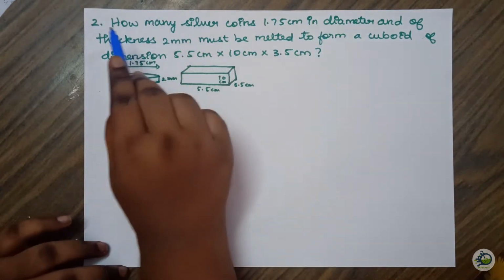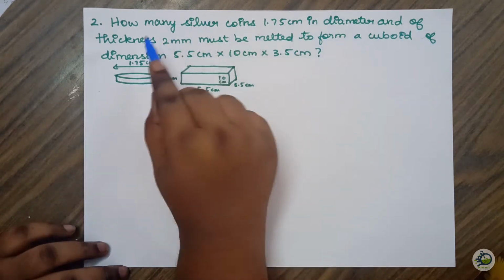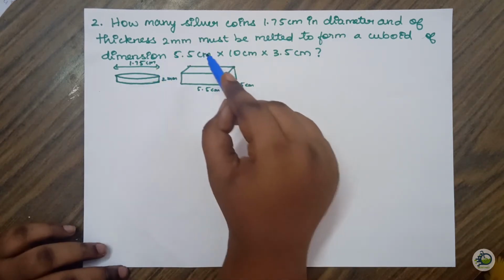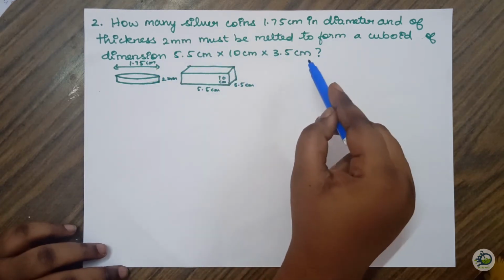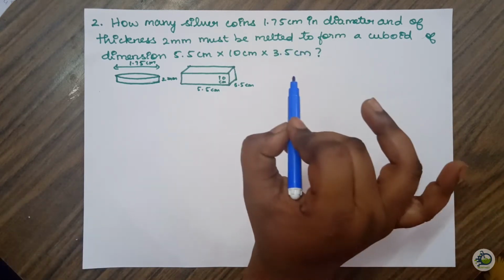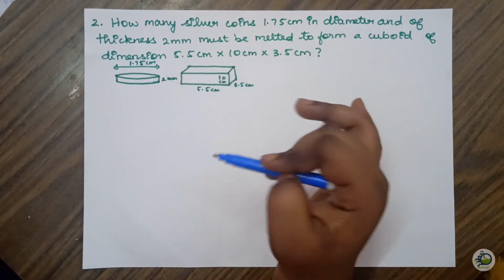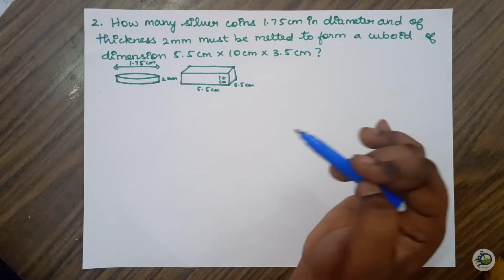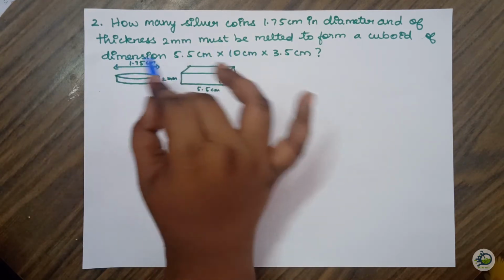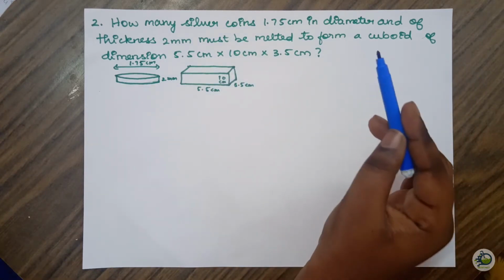Let's do some more problems. How many silver coins 1.75 centimeter in diameter and of thickness 2 millimeter must be melted to form a cuboid of dimension 5.5 centimeter, 10 centimeter, 3.5 centimeter? So from this question, we are going to divide the volume of the cuboid by the volume of the coin, which is a cylinder, so that we will get the number of coins.